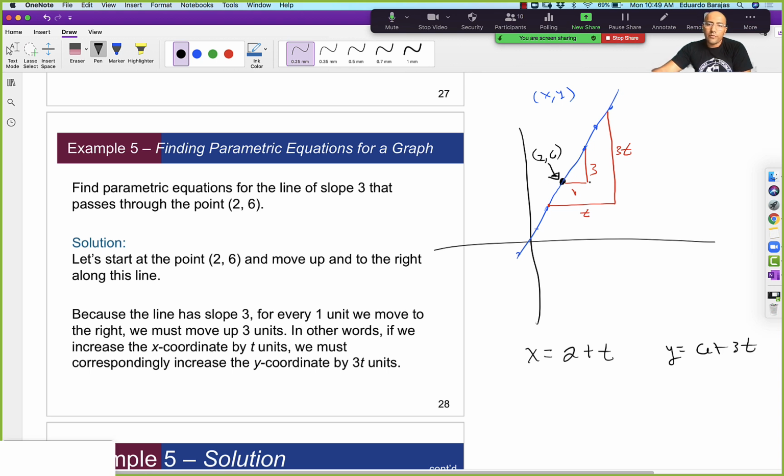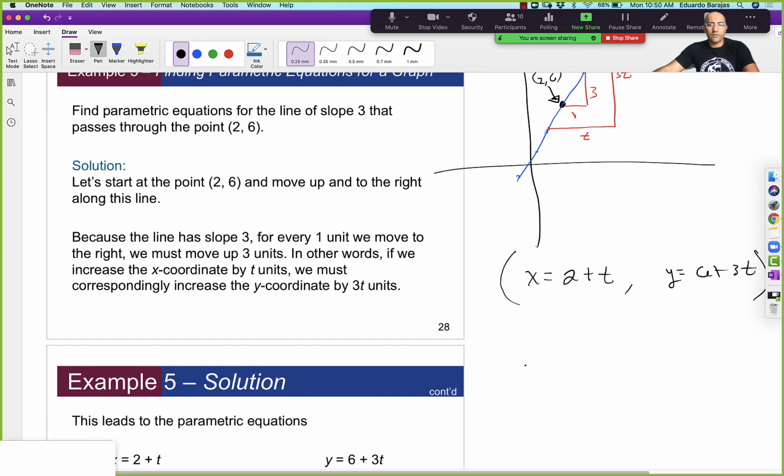If the slope is 3, then the next point should be 3, 9. We go out 1 unit this way, 3 units that way, so the 2 changes to a 3 and the 6 goes up by 3 to a 9. If t equals 1, we get 3 and 9. That seems to match. So here is our parametric equation of the line that has slope 3 and goes through the point 2, 6.